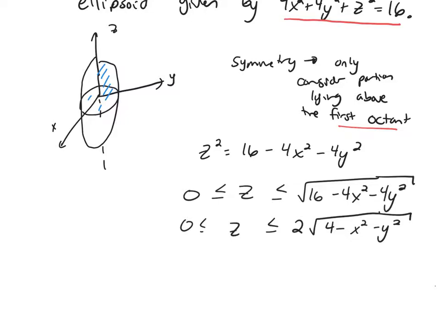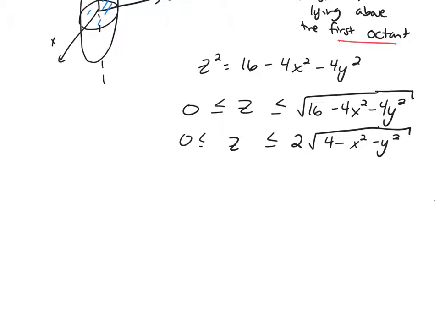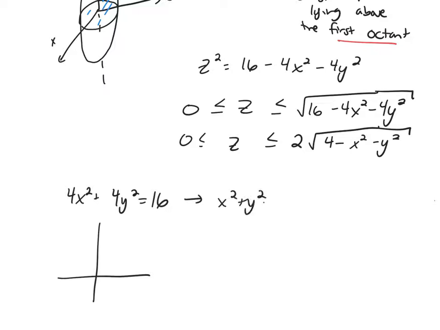And here, if you're looking at the portion in the xy plane, you're looking at z equals 0, so 4x squared plus 4y squared equals 16, which means I'm talking about a radius 2 circle, and I'm looking just at the portion here in this first quadrant.